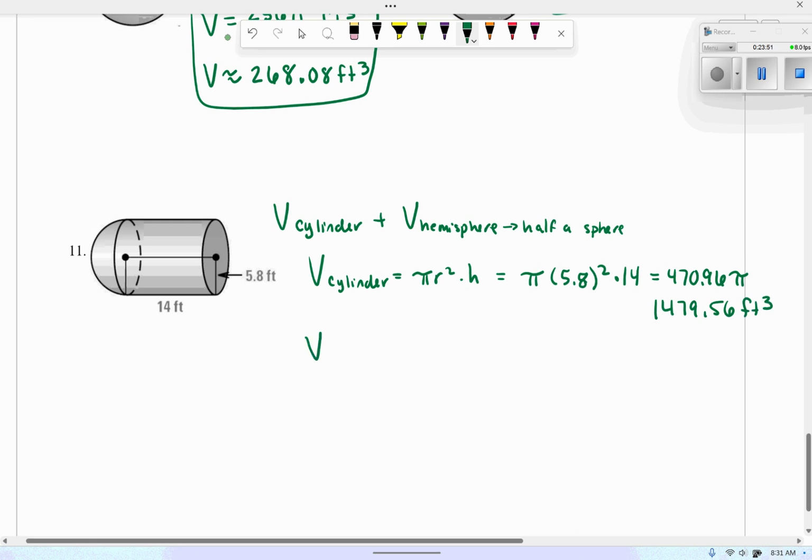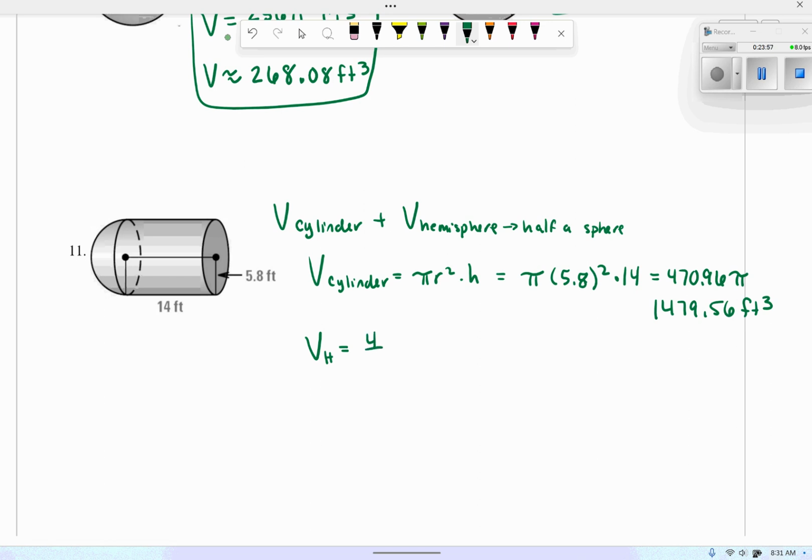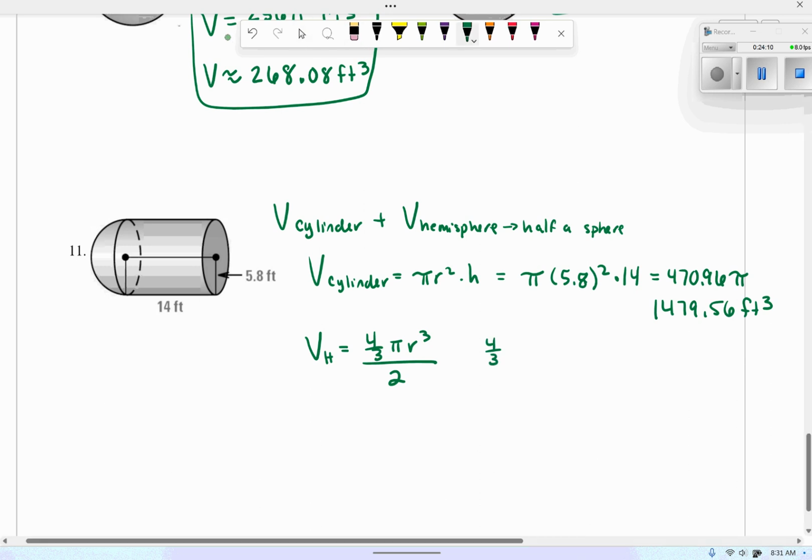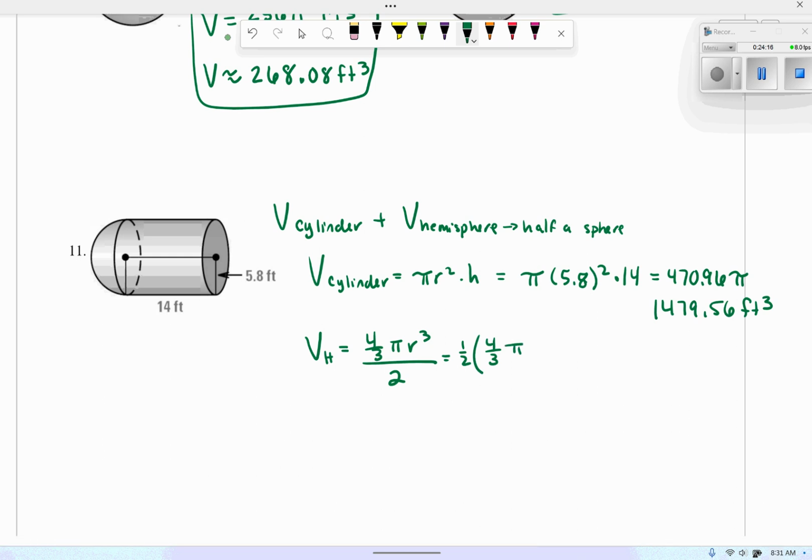And the volume of the hemisphere is equal to half of the sphere. So remember that's 4/3 pi r cubed. And we're going to divide that answer by 2, which is the same thing as multiplying it by 1/2. So I'm just going to put the 1/2 in front to make it a little bit easier. So 4/3 pi, and r in this case is 5.8 cubed.